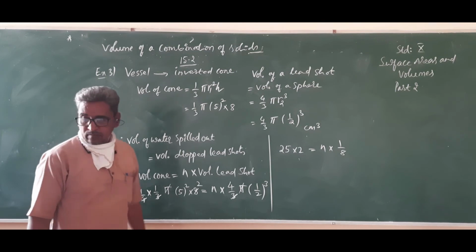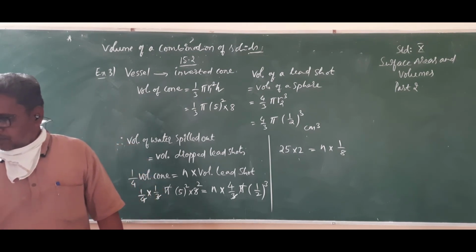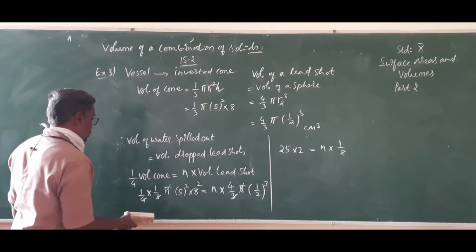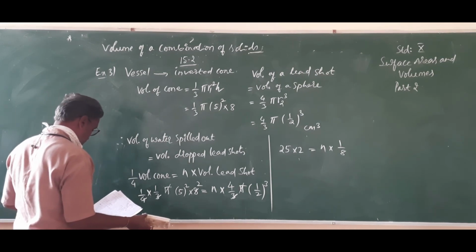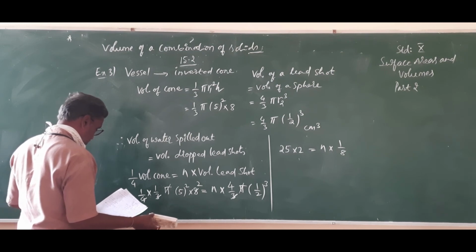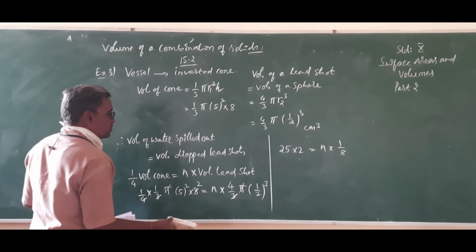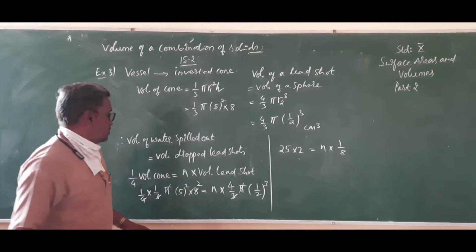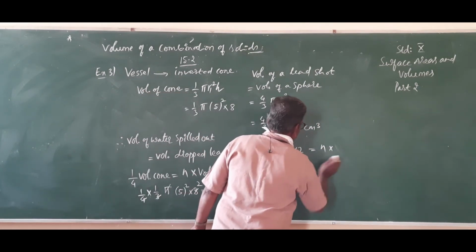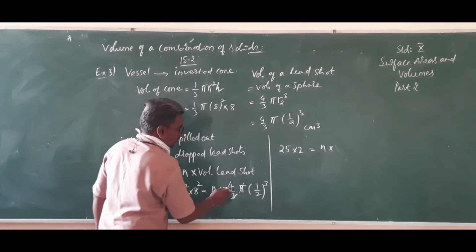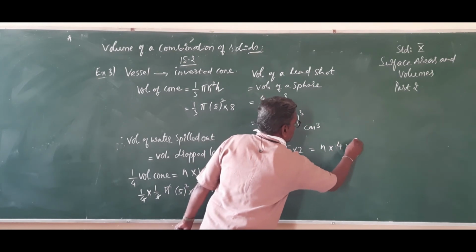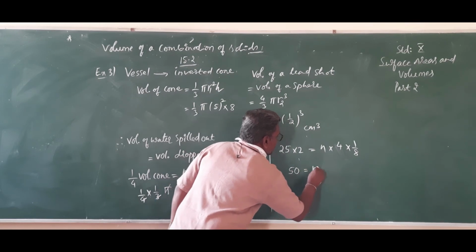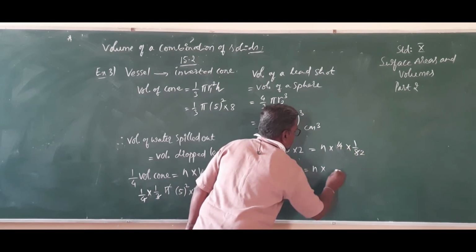Then 4 into 1 by 8, so 25 into 2 is 50, equal to n times 1 by 2.